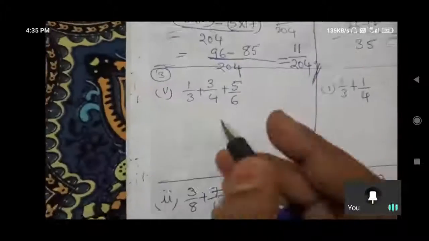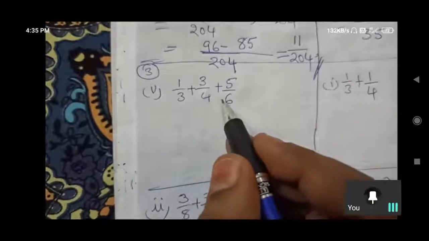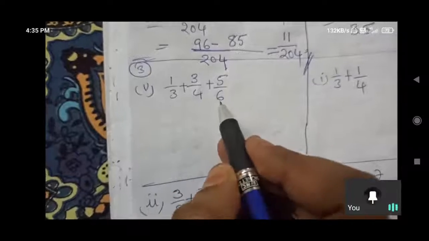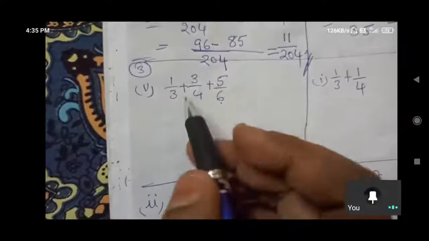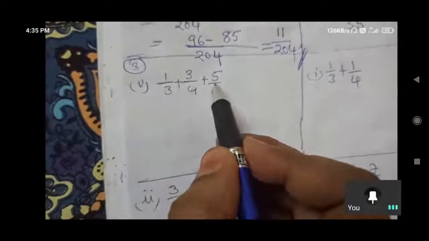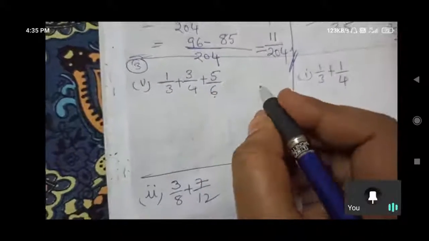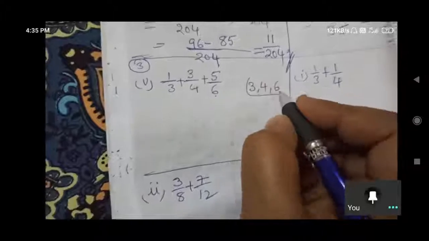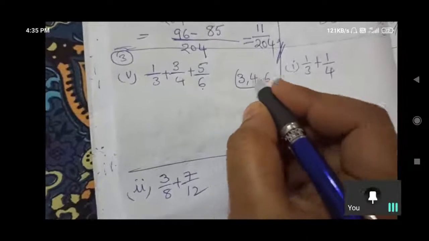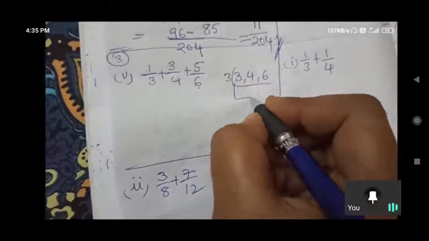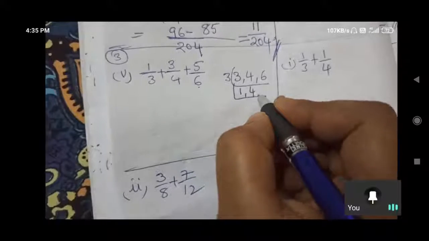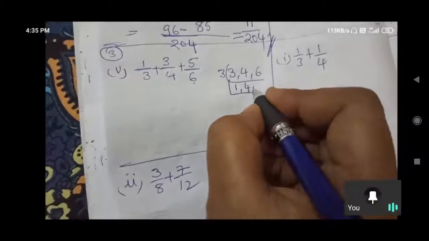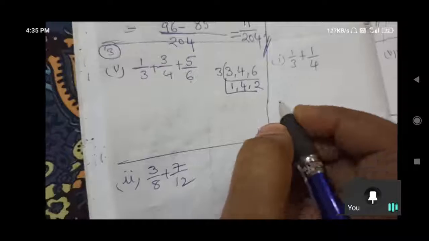So next one here 4, 3, 4, 6. So this is unlike fraction. Unlike fractions. Yes, all these are unlike fractions. So we need to take the LCM of denominators. So 3 table with these 2. So take 3 table here. 3 ones are 4 as it is you write because it is not divisible by 3. And 3 2s are 6. It's enough.